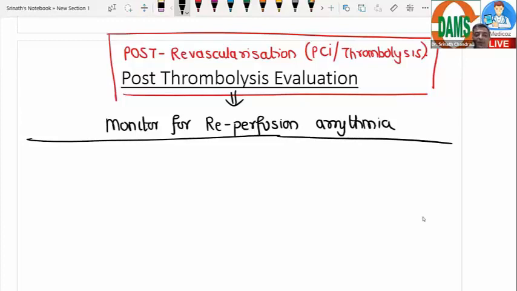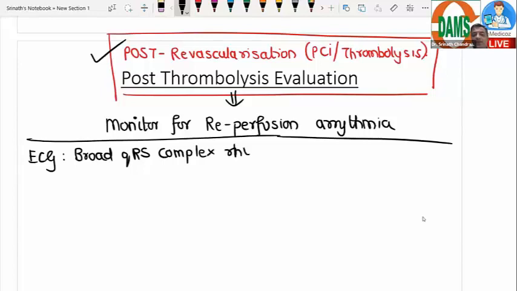All of you, I want you to answer: after MI, on the ECG, after you have done the revascularization, suppose the ECG shows a broad QRS complex rhythm with regular RR interval.